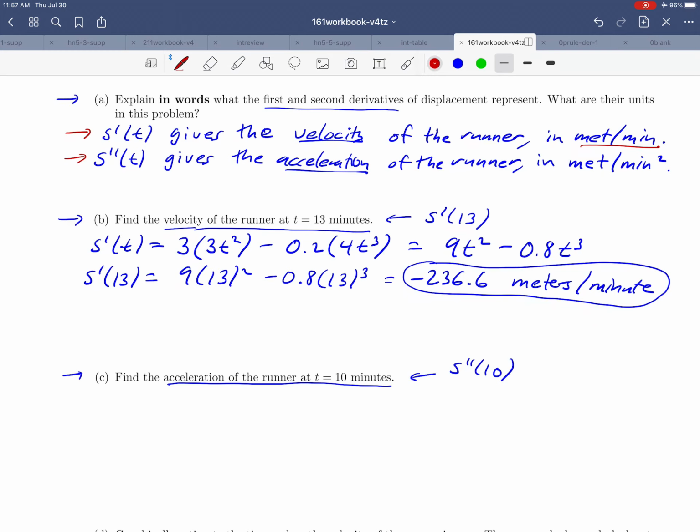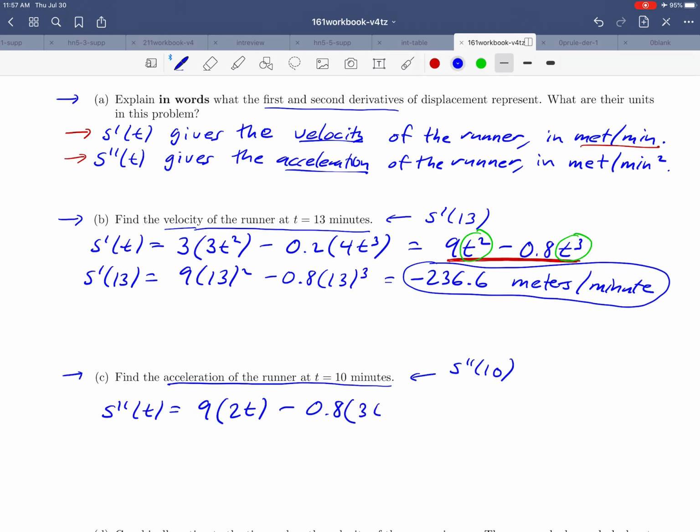All right, so we might start by reminding ourselves what the first derivative is: 9t squared minus 0.8t cubed. We need to take its derivative. So s double prime of t is going to be 9, and then we'll use the power rule on t squared. So we're going to get 2t to the first from that. And then we come to t cubed, take its derivative.